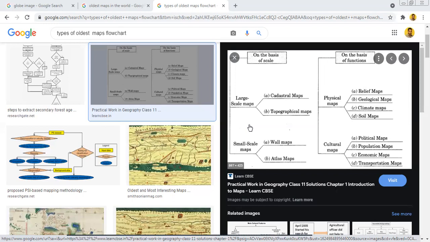First of all, the maps were prepared by Sumerians, in present Iraq, about 4000 years ago. What was the need to prepare maps at that time? Actually, Sumerians started preparing maps to maintain the records about the land.